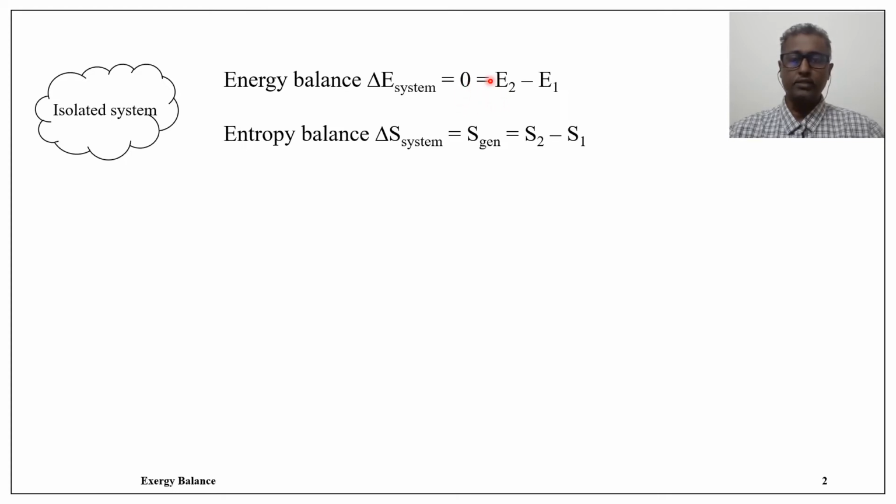For an isolated system, since there is no energy interaction, this quantity E2 minus E1 is equal to 0. And the change in entropy for an isolated system is equal to the entropy generated. Therefore, S2 minus S1 is equal to S generated.